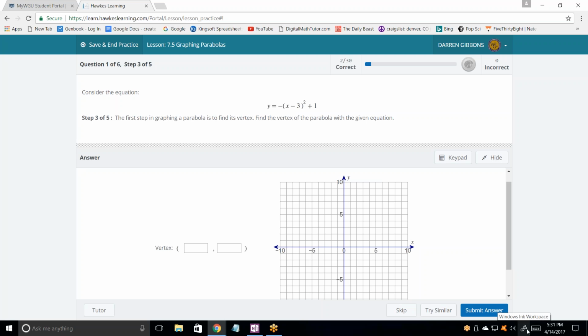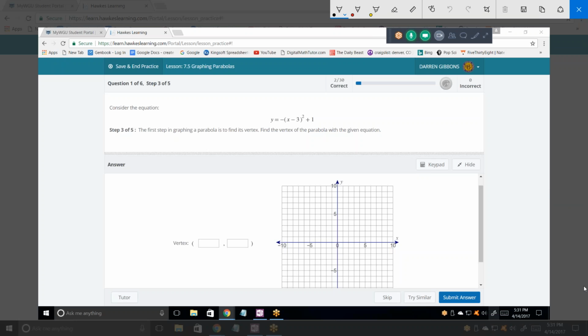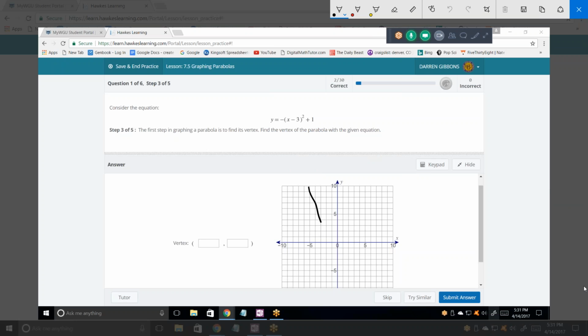Okay, let me do something here so that I can write on this. Let me write the standard parabola. That's y equals x squared, the parent function.